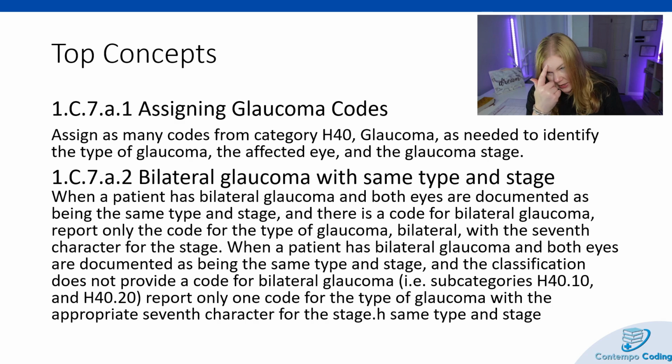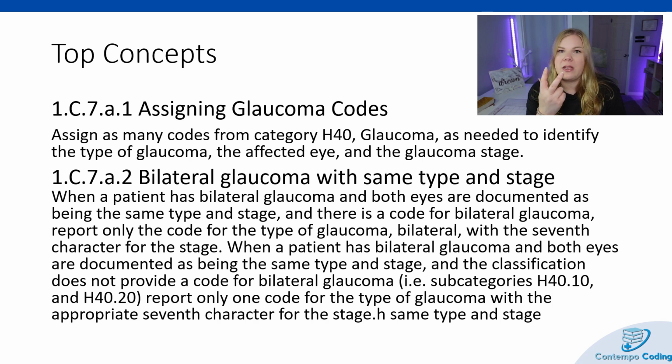So you can assign as many codes from category H40 as you need to identify the type and the stage for each particular eye. The guidelines then go on to say that if the patient has bilateral glaucoma and each one is the exact same stage and the exact same type of glaucoma, there is a code for that bilateral of those if they have the same type and stage.